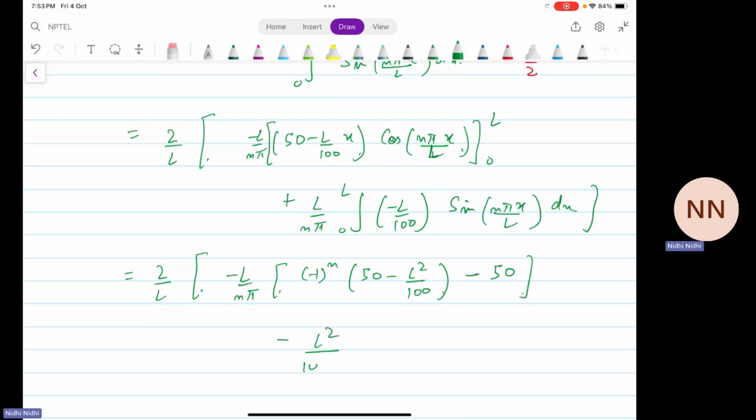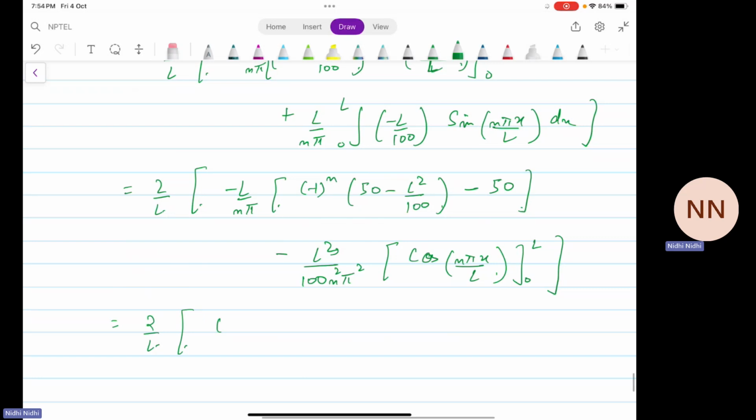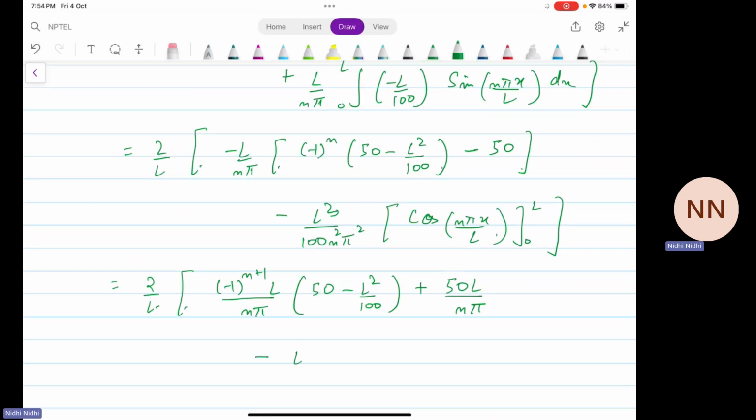Minus L square by 100 n pi, integration of sine is cos n pi x by L over n square pi square L cube, limit 0 to L. So this is 2 by L, minus 1 to the power n plus 1 L by n pi times 50 minus L square by 100, plus 50 L by n pi, minus L cube by 100 n square pi square.